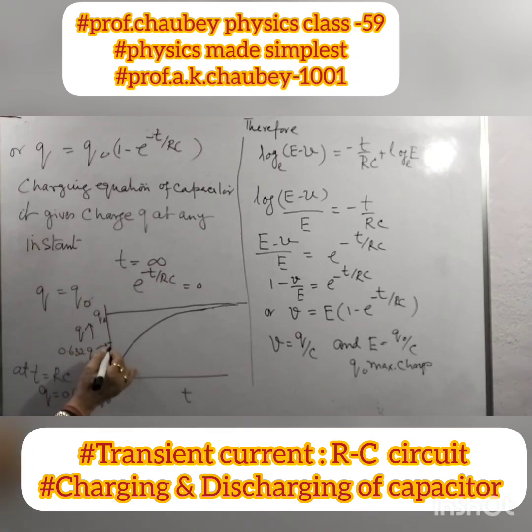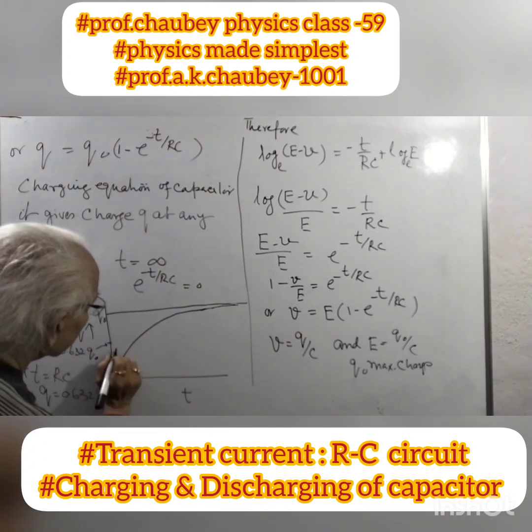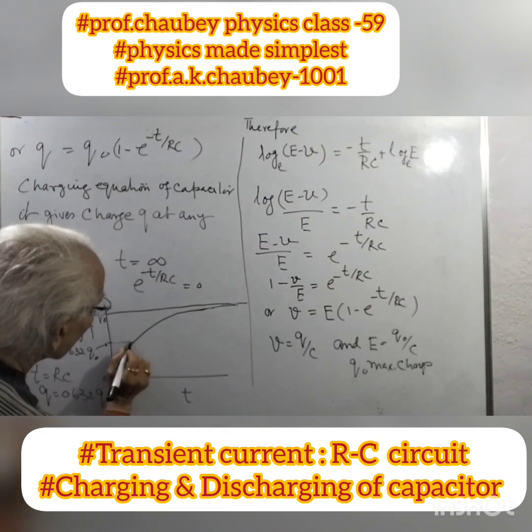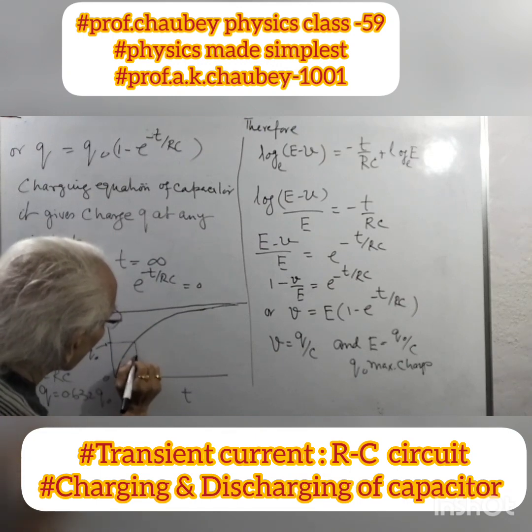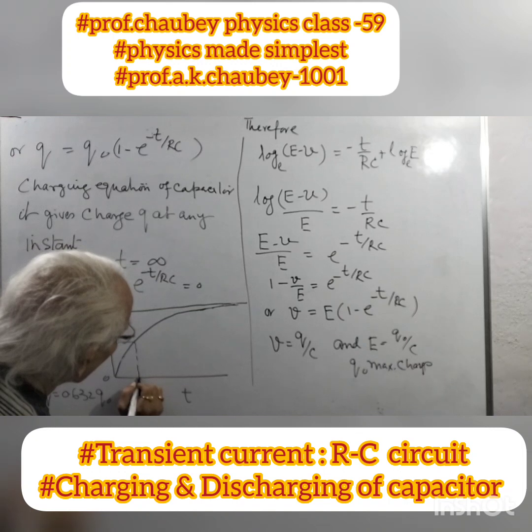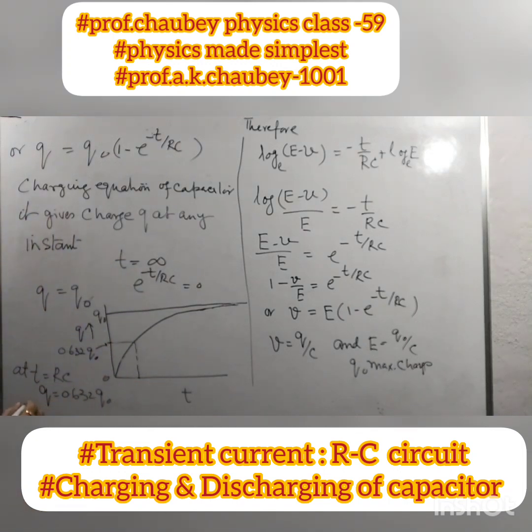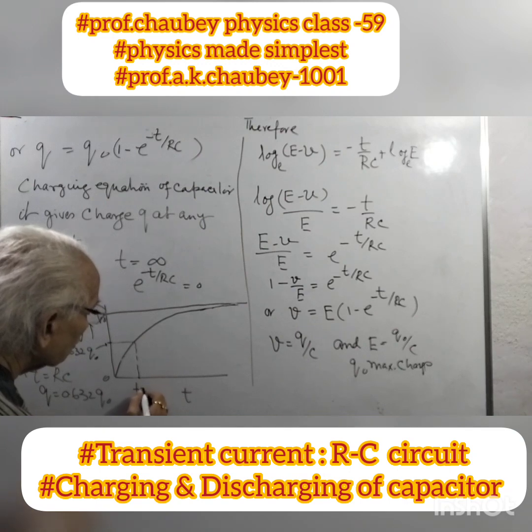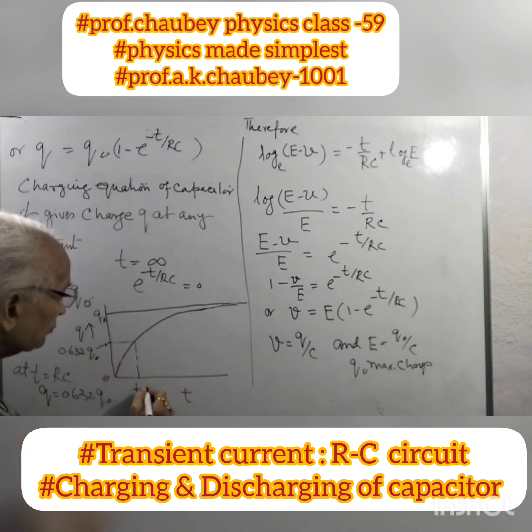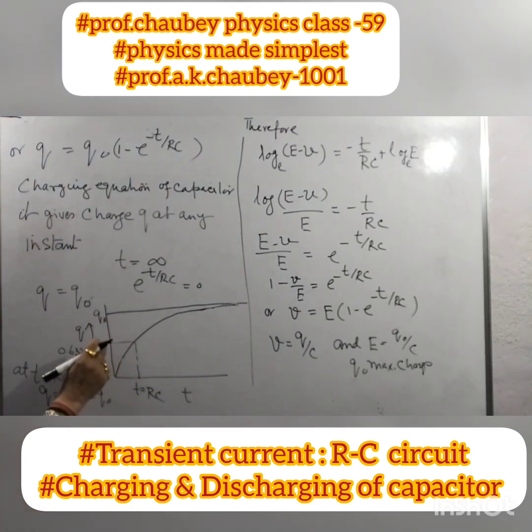At t equal to RC, the charge becomes 0.632 of the maximum charge Q naught.